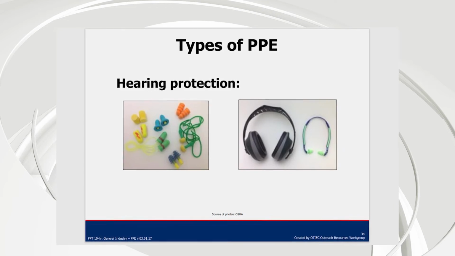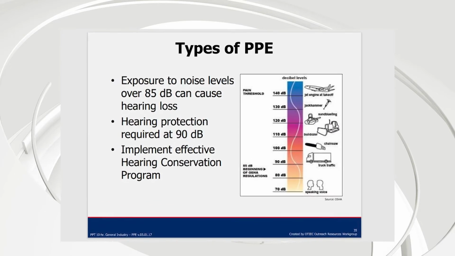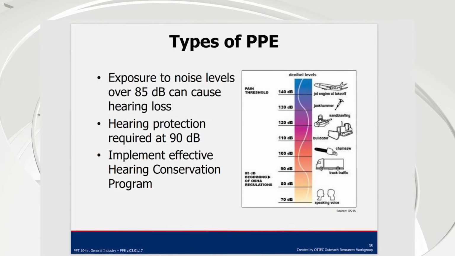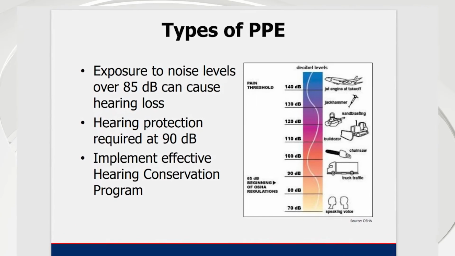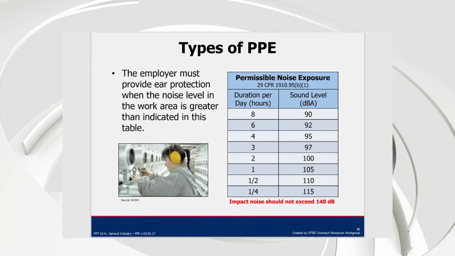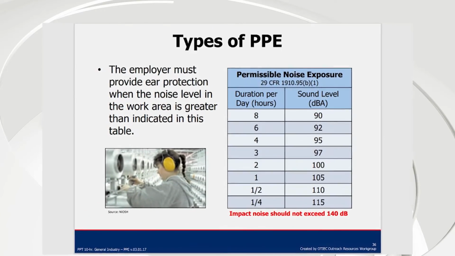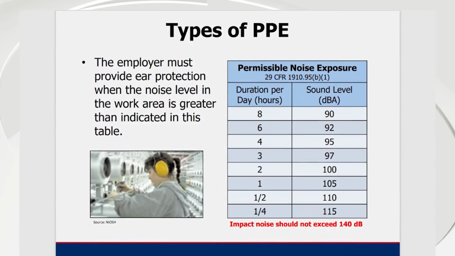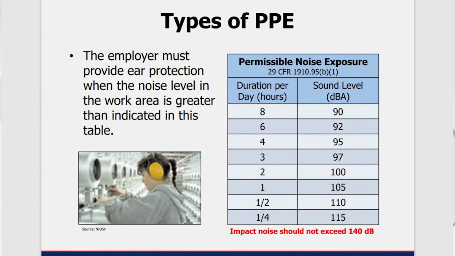Hearing protection. Exposure to noise levels over 85 decibels can cause hearing loss. Hearing protection required at 90 decibels. Implement effective hearing conservation program. The employer must provide ear protection when the noise level in the work area is greater than indicated in this table.